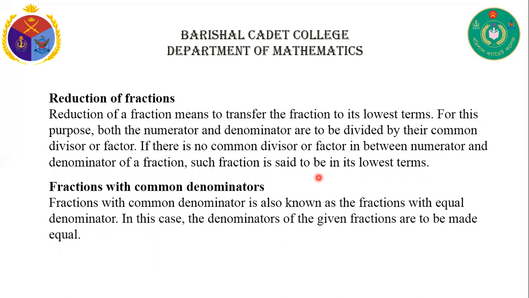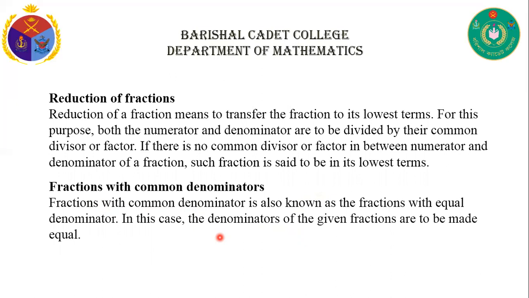Okay. Fractions with common denominators. There should be more than one fraction. Fractions with a common denominator are also known as fractions with equal denominators. In this case, the denominators of the given fractions are to be made equal. Like we can say 3 by 4 and 1 by 2.